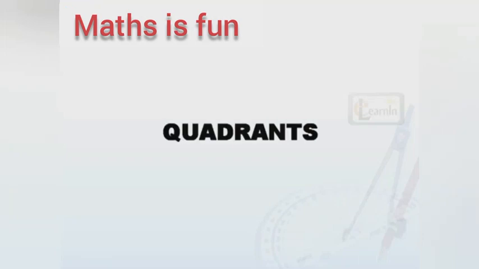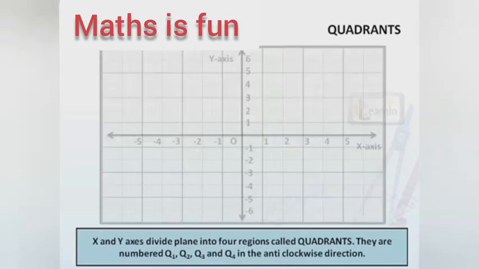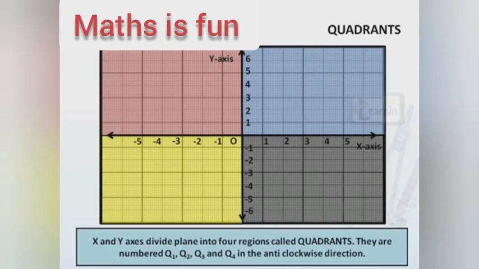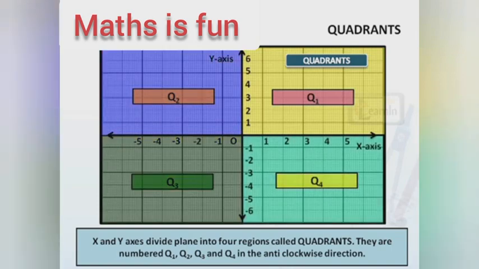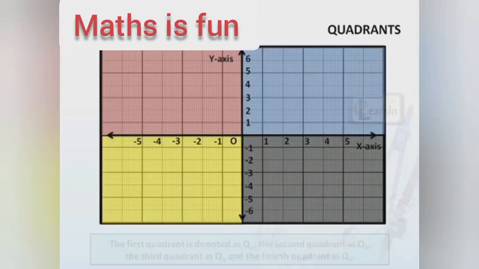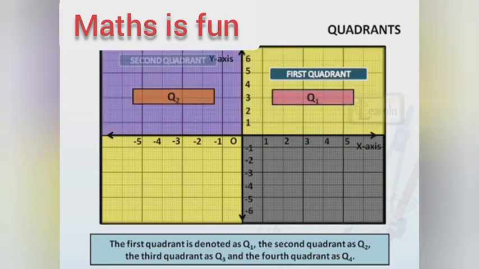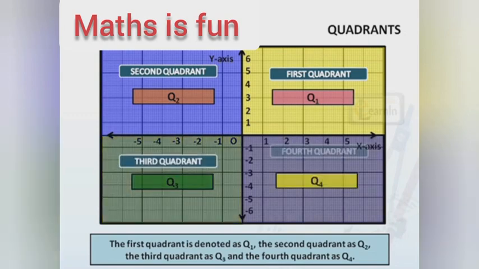Now let us quickly look at our quadrants. So the x and y axis divide the Cartesian plane into 4 regions, and these regions are called quadrants. They are numbered as Q1, Q2, Q3, and Q4, as shown in the diagram in the anti-clockwise direction. The first quadrant is denoted as Q1, the second quadrant as Q2, and so on.